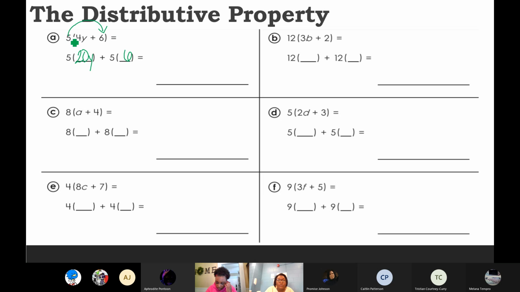Remember, a little bit to you, a little bit to you, okay? So when rewriting this, to show the distribution, this will be 5 times 4y plus 5 times 6. Remember, whenever I have a number in parentheses beside another number, that tells me to multiply.